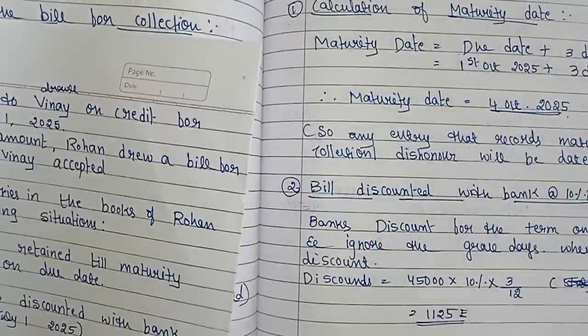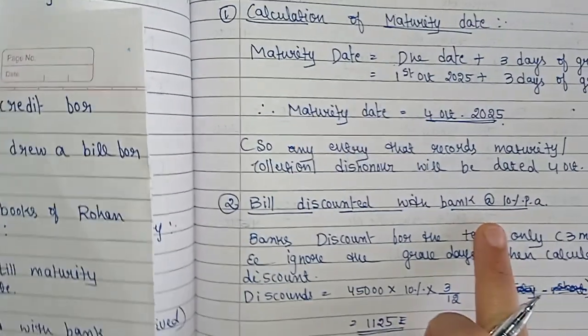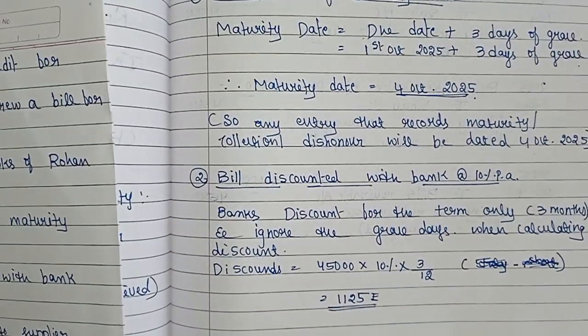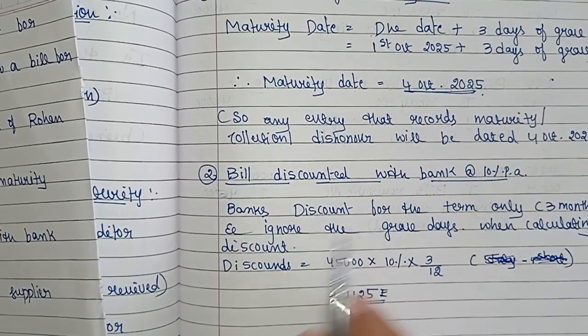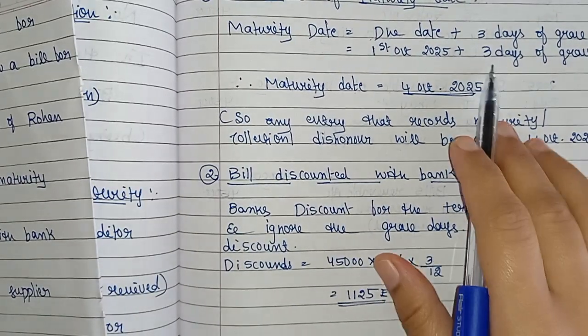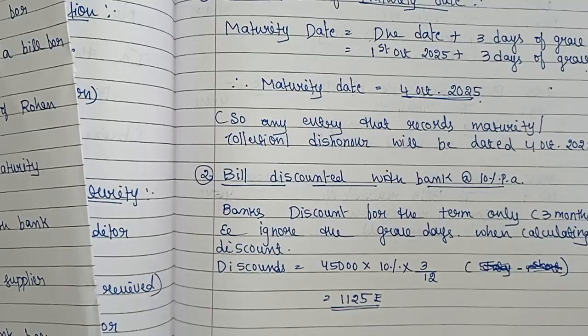See here, bill discounted with bank at 10% per annum. Here banks discount for the term of only 3 months, and here ignore the grace days. You have to ignore the grace days here. Clear?